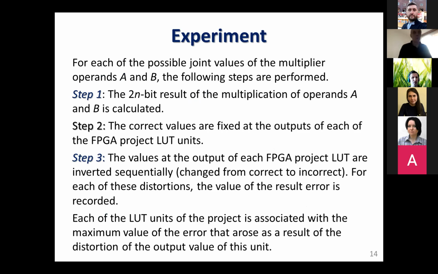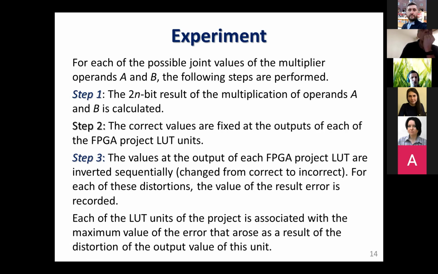For each of the possible values of operands A and B, the following steps are performed. We calculated the 2n-bit result. The correct values are fixed at the output of each of the FPGA project LUT units.